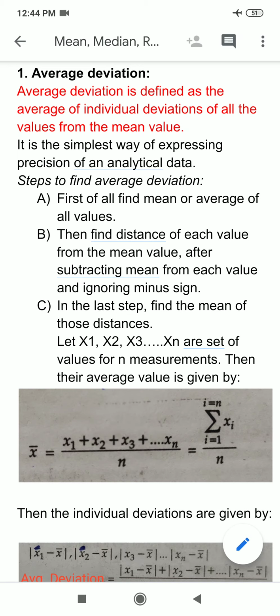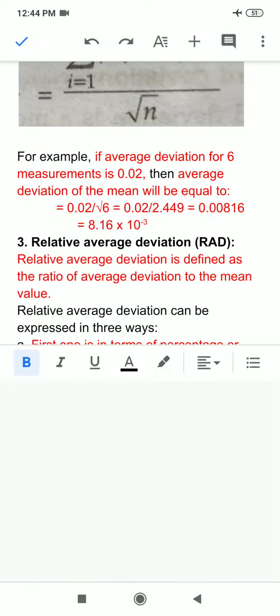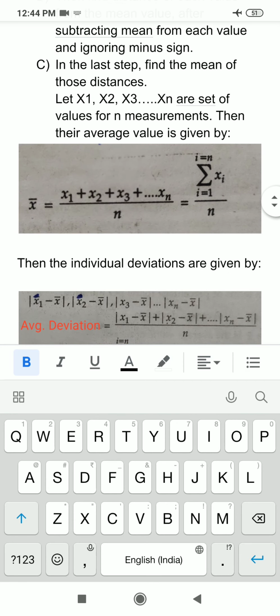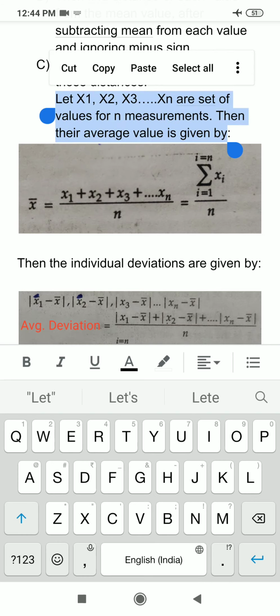So first of all, we are having x1, x2, x3 and xn, a set of values for n measurements. Now if we are having these different values, then their average value or mean value can be given by, I had told you yesterday that average value or mean value is represented by x bar.